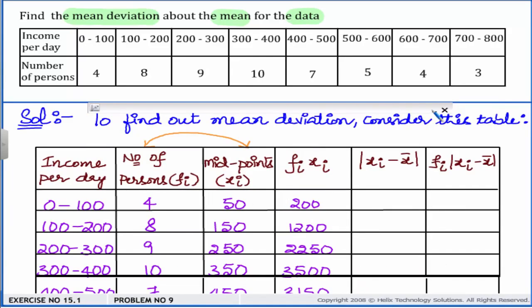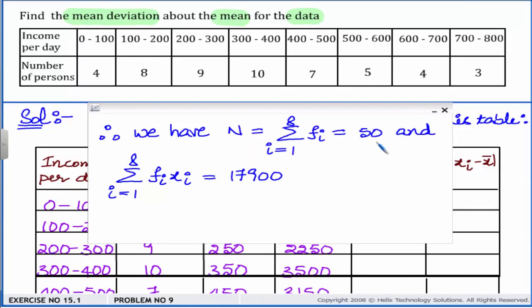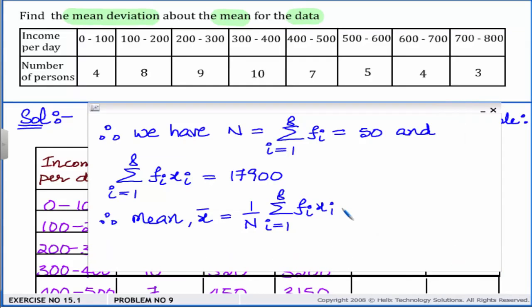Therefore we have capital N equal to 50 and summation of fi into xi, where i equals 1 to 8, is equal to 17,900. Therefore, mean x bar is equal to 1 by N into summation of fi into xi, where i equals 1 to 8, is equal to 17,900 upon 50.